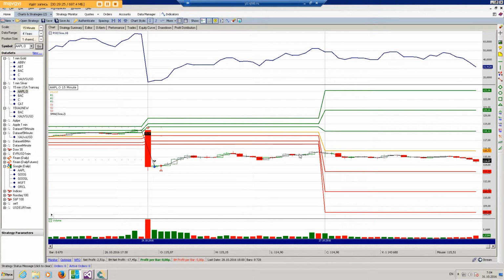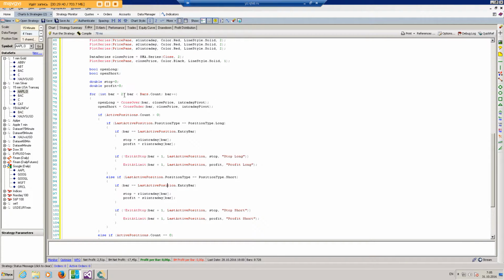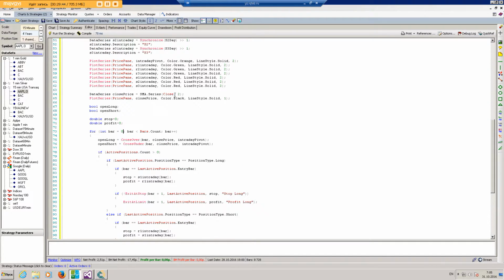Because it's taking some average already, and if you want the price exactly to be at the close price, you need the period of 1, right? See, if you start with 0 and here you have 1, it should work fine. Oh no, because it still needs 1 bar.